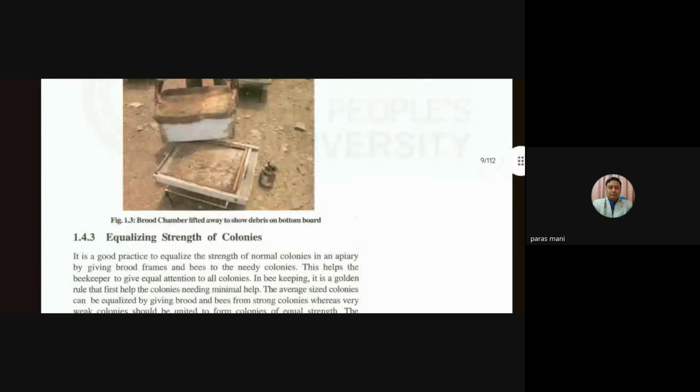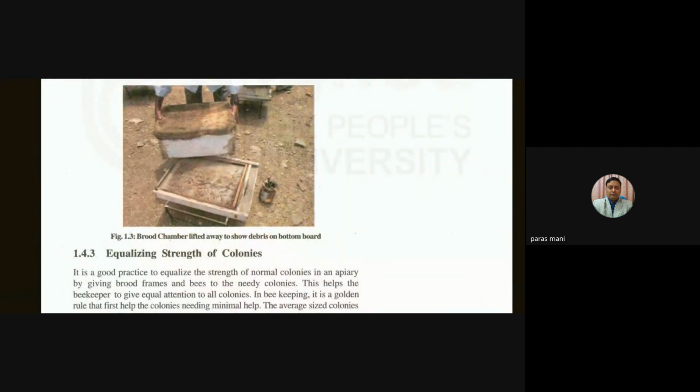Sir, one question is here. Suppose that we are just examining the colony. Is it possible that robbery can take place there? Yes, if you expose for 10 to 15 minutes, and if any honey cells are damaged, the scent of that opened or damaged colony will reach the vicinity very fast, and bees are able to identify it.